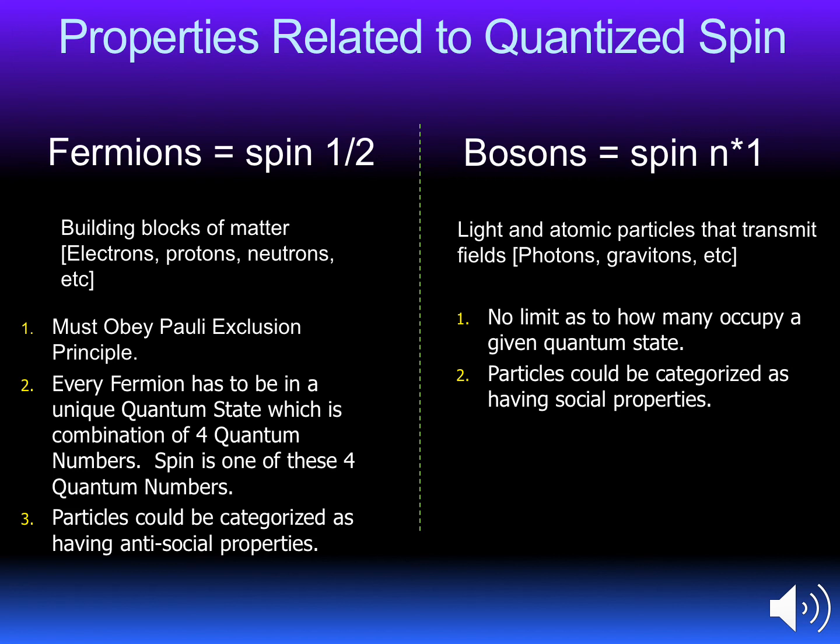So the photons, the gravitons, etc. And there's no limit as to how many can occupy a given state. And these can be categorized as having social properties because basically the whole idea is that they can congregate billions of them together in the same quantum state.